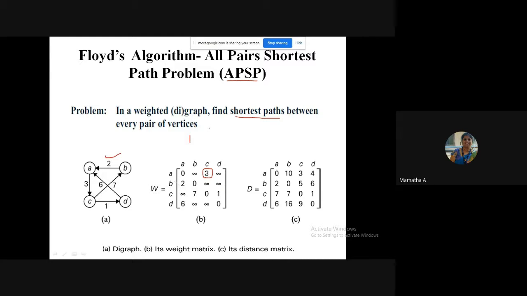What does this 3 mean? Students. What does 3 mean? Ma'am, weight of the edge directed from A to C. It means to say that there is an edge from A to C with a weight so called as 3.